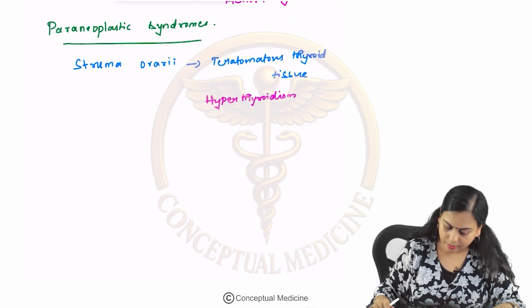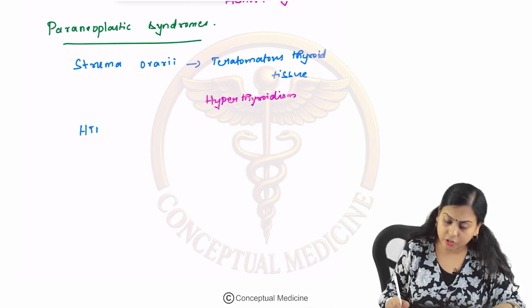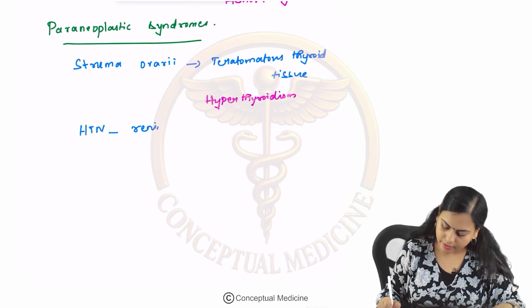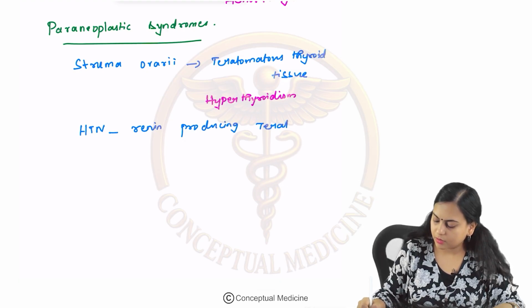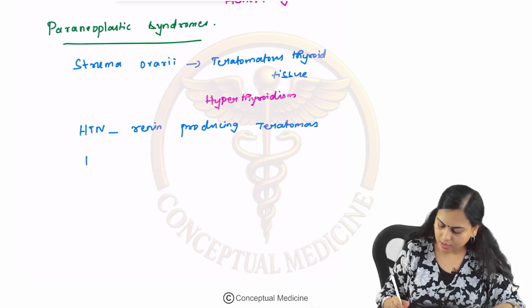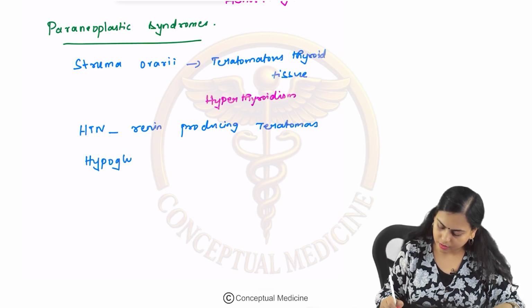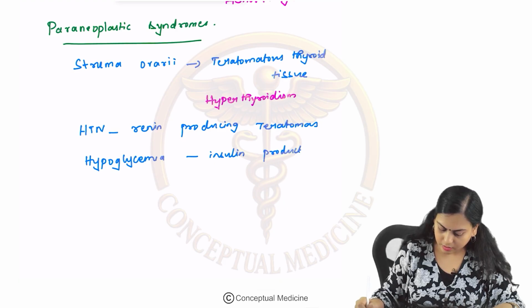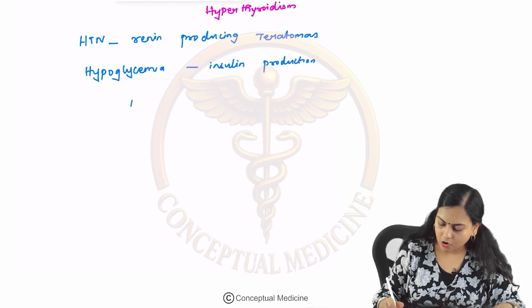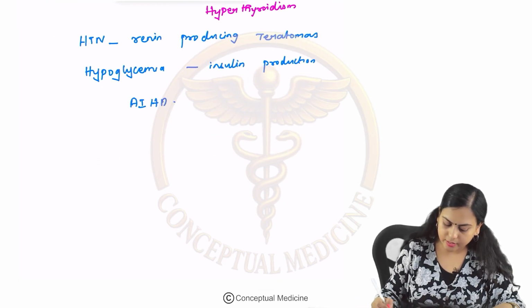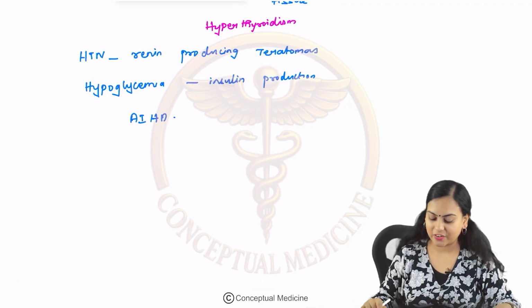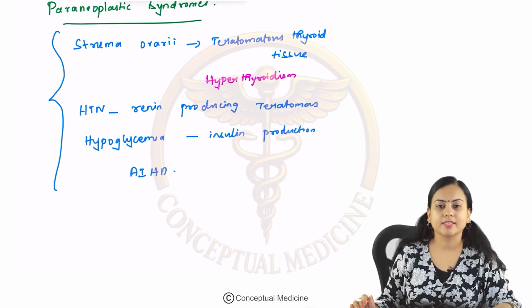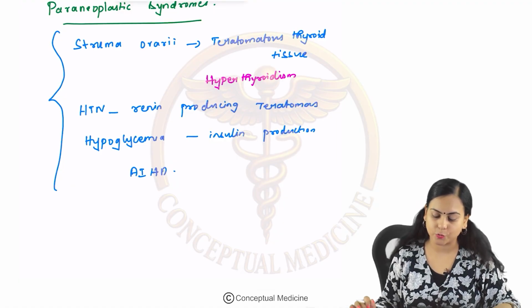Then, there can be hypertension as well from renin producing teratomas and hypoglycemia can be seen if there is insulin production, as well as autoimmune hemolytic anemias can also be seen. Okay. So, this much of paraneoplastic syndromes are possible with germ cell tumors.